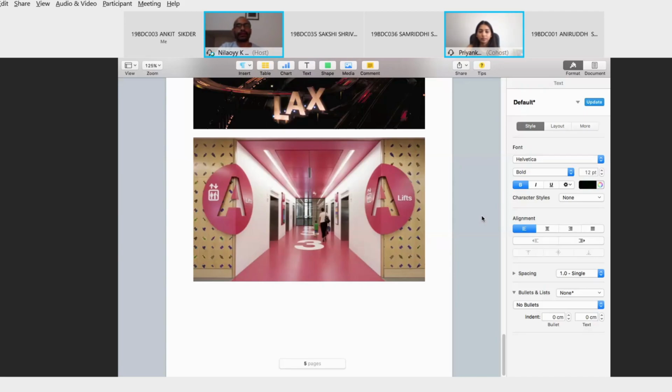Sir, the Hollywood sign would also be an environmental graphic, right? Yes. That's like one classic example, but that is only one specific place.